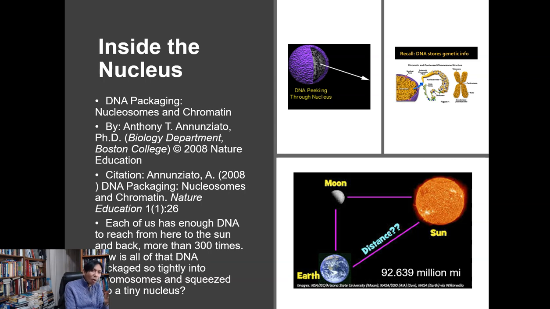If you take out all the DNA from each cell of the body and link it together, you could go to the sun and back to the earth about 300 times. That's unimaginable. Some say if you go to the moon and the Earth and come back, it's 6,000 times. Who knows?